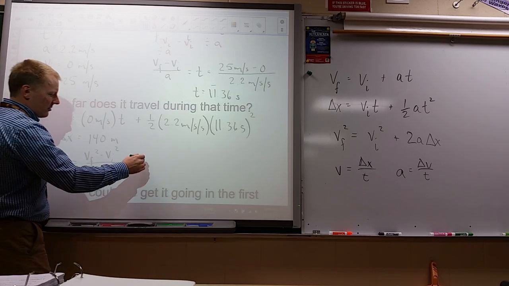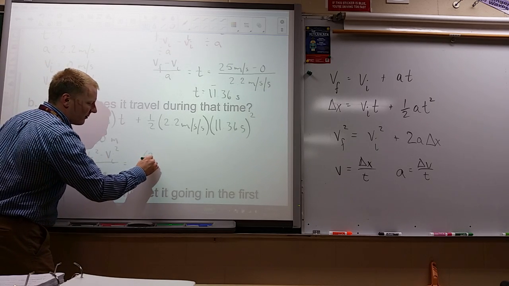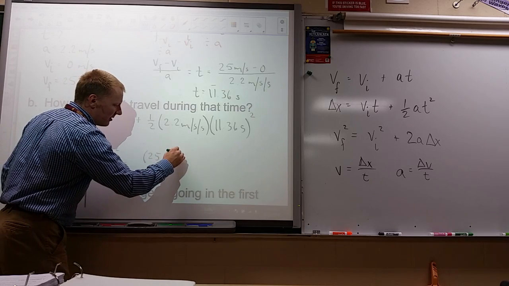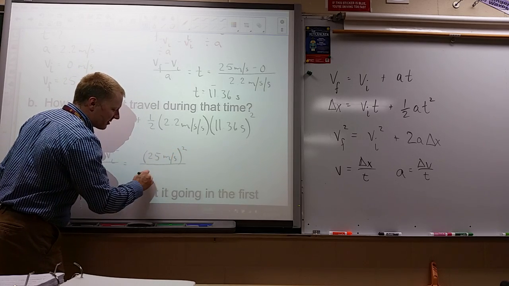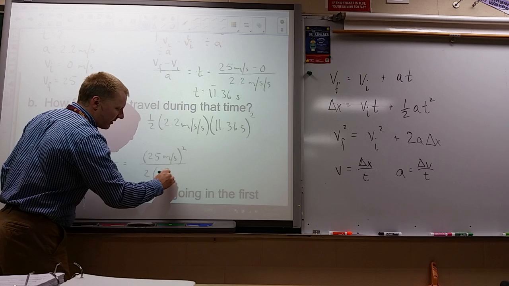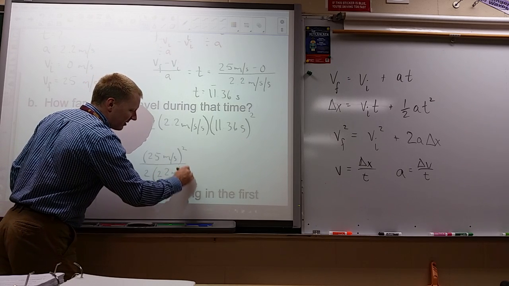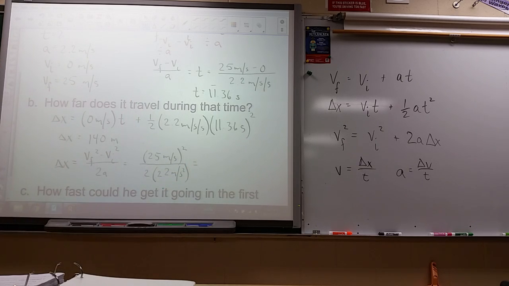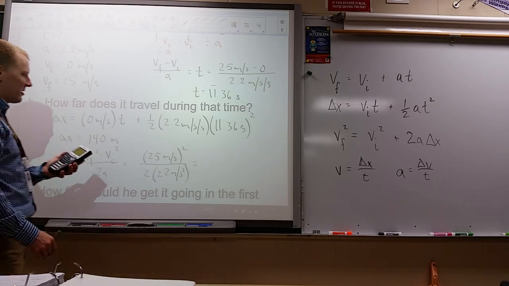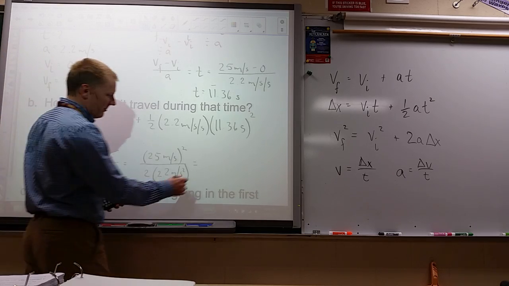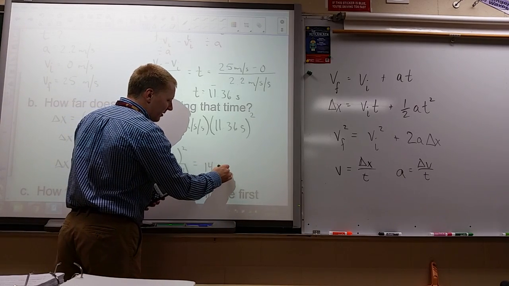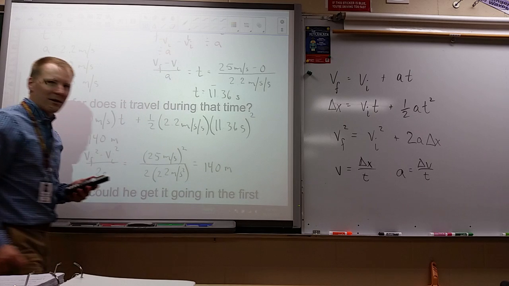That would work out to VF was 25 meters per second squared over 2 times his acceleration of 2.2 meters per second squared. That's 625 divided by 2 divided by 2.2. Oh my gosh, it's 142 meters again. So 140 meters with 2 sig figs.